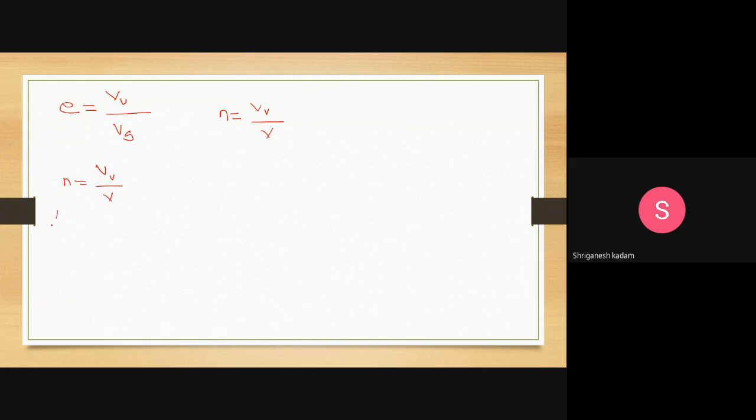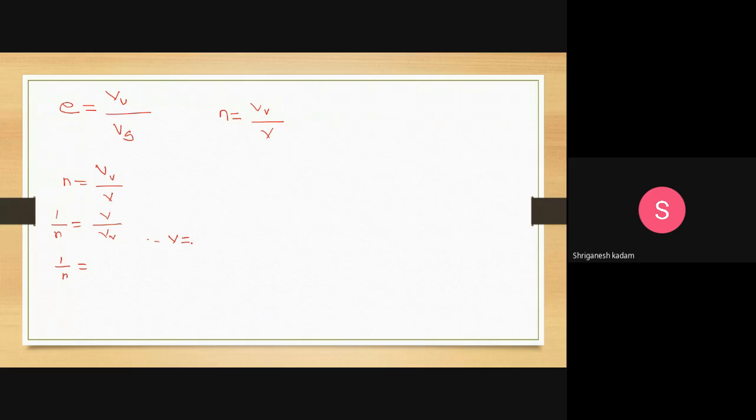So here it becomes 1 upon N equal to V upon Vv. Next, 1 upon N equal to, now here we know V means total volume of soil.